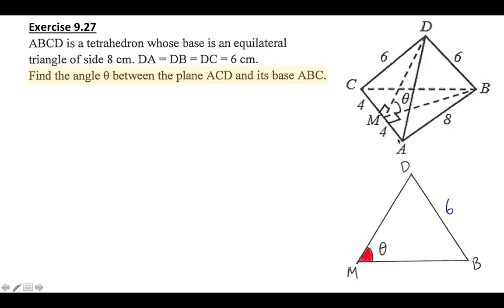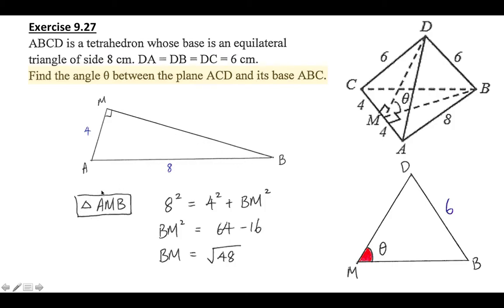So first up, I'm going to look at this triangle AMB. I'm going to draw it over here and put in all the dimensions that I know. I know that AM is 4 cm and AB is 8 cm. These are just dimensions taken from the diagram. Now with AM to be 4 and AB to be 8 cm, I can use Pythagoras theorem to find the length MB.